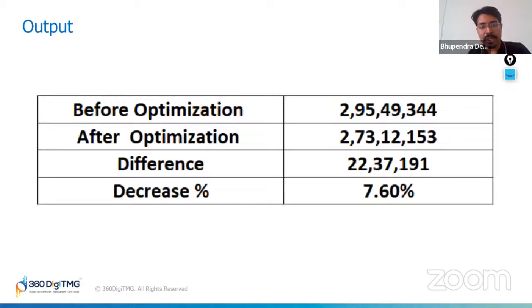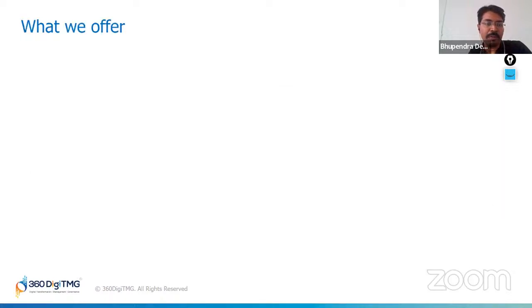Now, this was the problem we dealt with and the paper that got published in an international journal. Now, what do we offer at 360? Since our students get their papers published in international journals, top three of them, trust me, it actually makes an impact on their resume and on the minds of their recruiters.